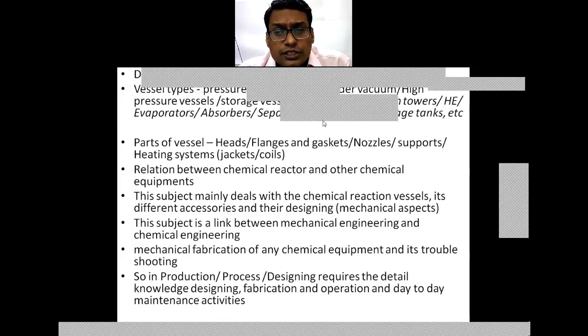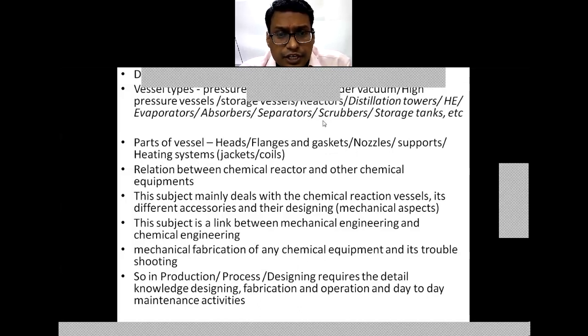We are going to discuss the mechanical aspects related to this subject. So it's a link between mechanical engineering and chemical engineering, where you need the necessary knowledge associated with the products and the designing.